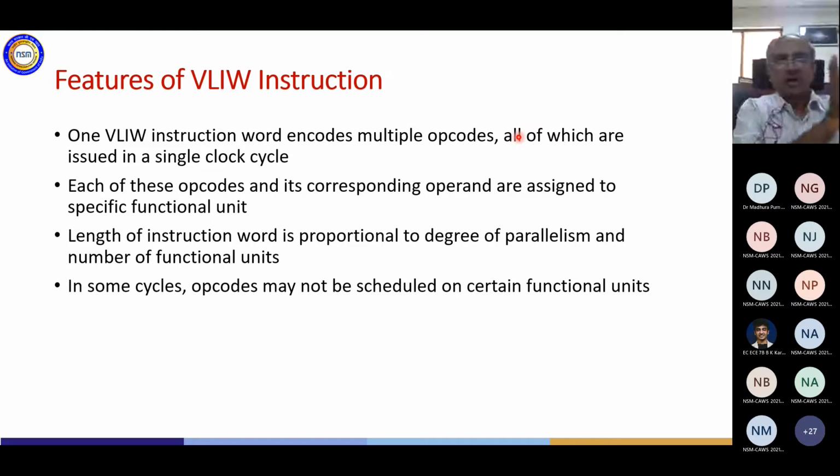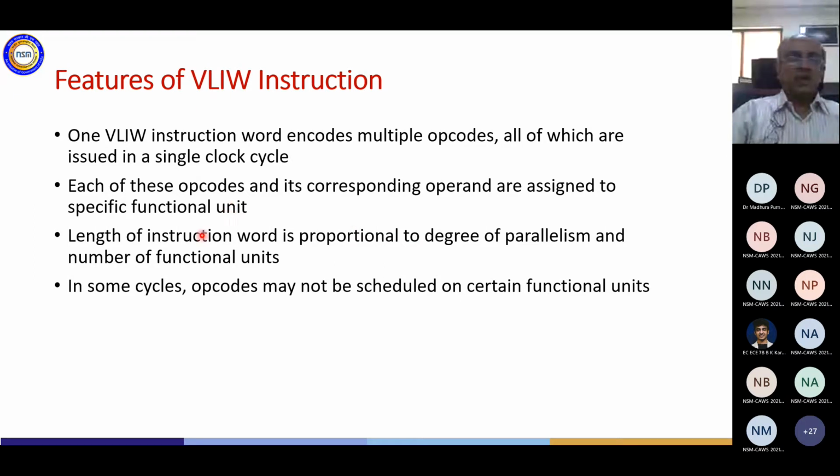Here, a parallel stream enters, and what the issue unit has to do is simply give it to the corresponding execution unit. No scheduling is to be done by the issue unit, for a simple reason that that task has been taken over by the compiler. Each of the opcodes and their operands are assigned to a specific functional unit. Just hold on for a minute, I will show you that in the next slide.